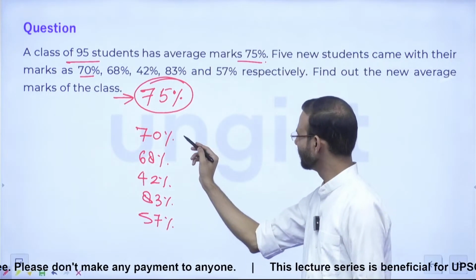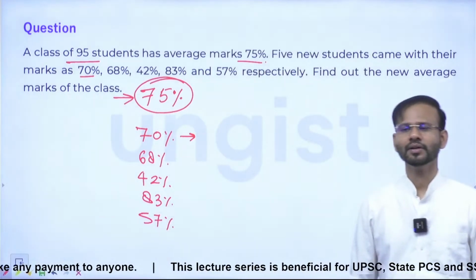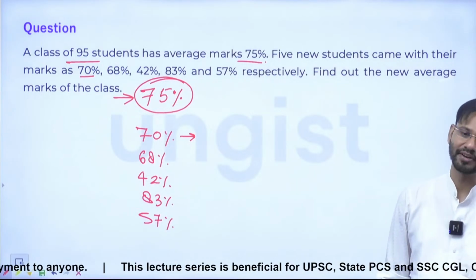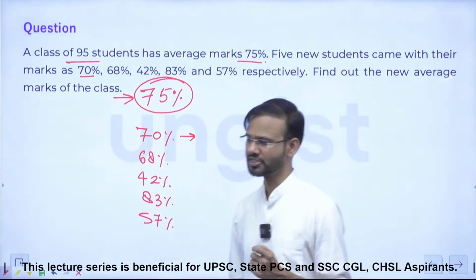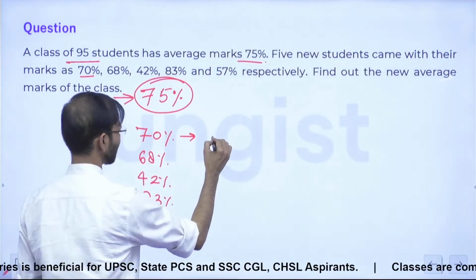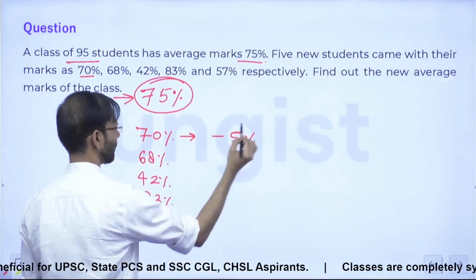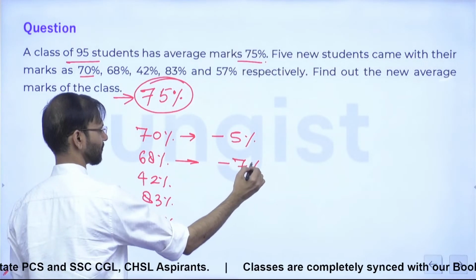You just tell me the individual contribution. What is his contribution, guys? -5. Yes, it is -5 because this person is coming with some deficit. So this is -5, all of you. What is this? -7.